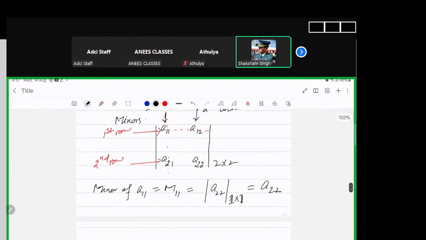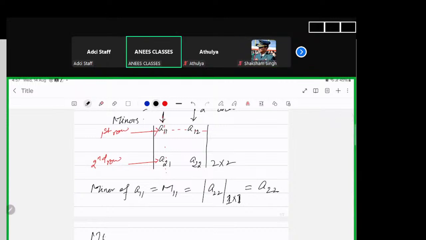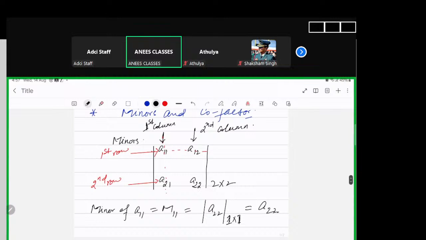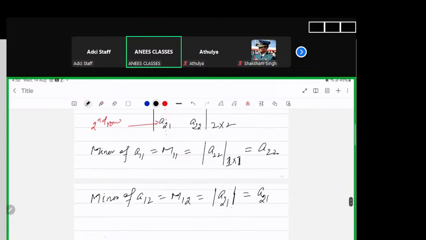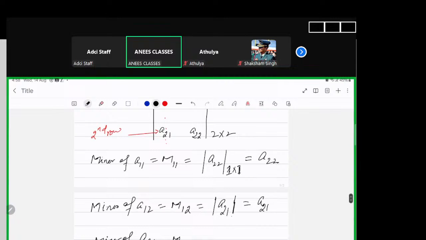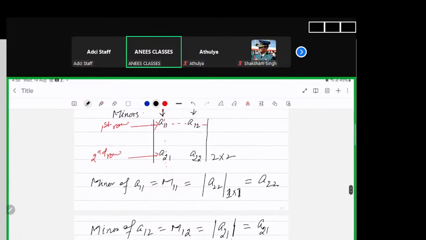Saksham? Yes, sir. Now minor of A12, I'll call it M12. So I will delete row and column along A12. So we are left with A21 determinant. This will give you A21. Minor of A21, I will delete row and column along A21.